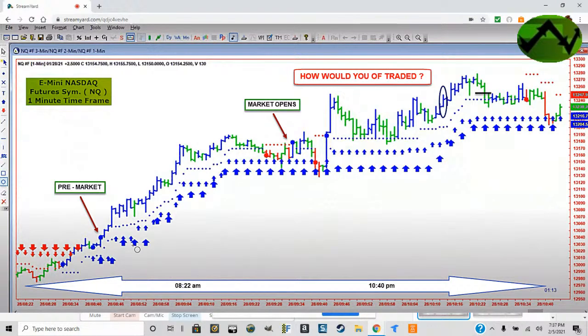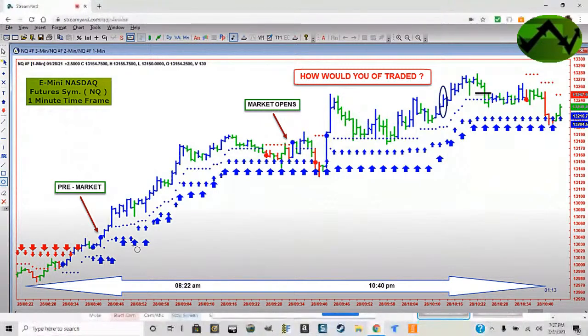Okay, well, anyway, this one here, I wouldn't get in on this one because of a long bar. Even though you have a confirmation buy signal, I wouldn't get in on that, because anytime you have a long bar like this, it's going to retrace. In other words, it's going to come back on you.